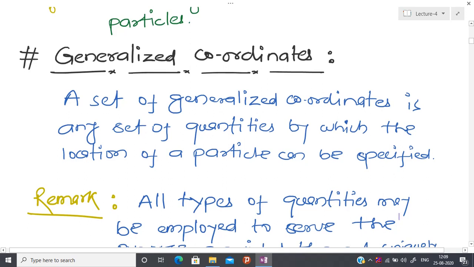Similarly, in chemical systems I have different kinds of variables. So due to that reason, after talking about coordinate or velocity, Lagrange defined the generalized coordinate.